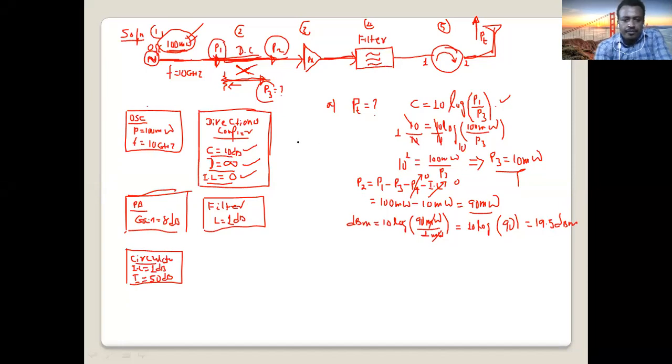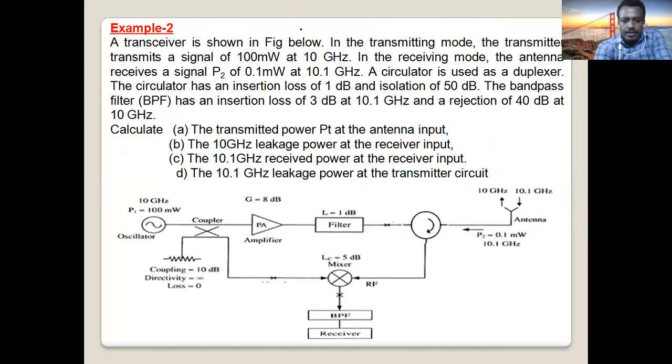Okay, so here P2 is how much? 19.5 dBm. So in this case, at this point, we have 19.5 dBm. Okay.